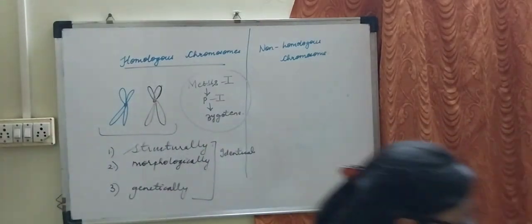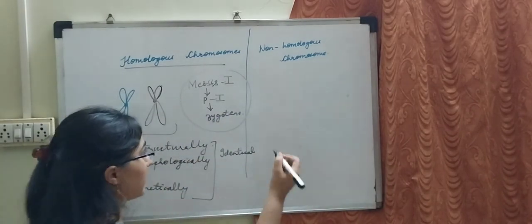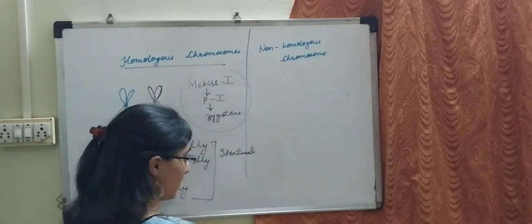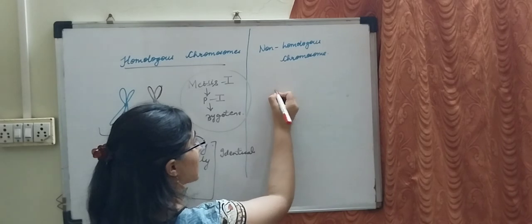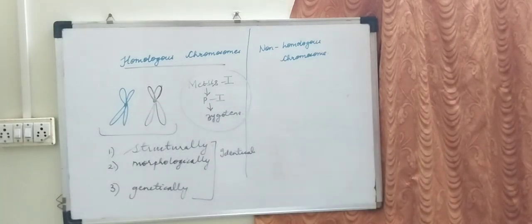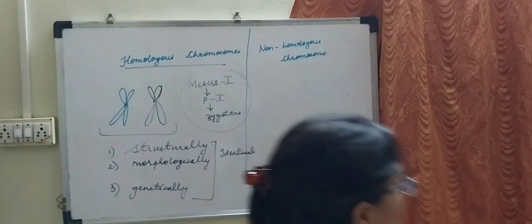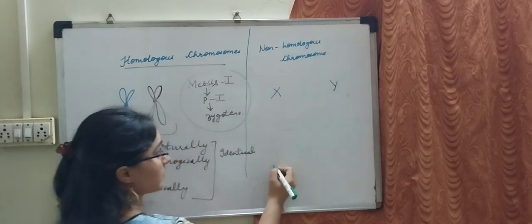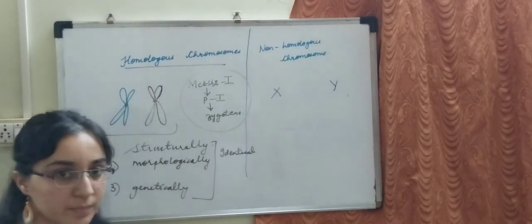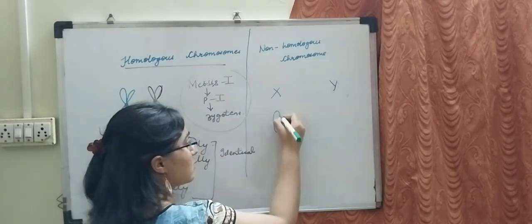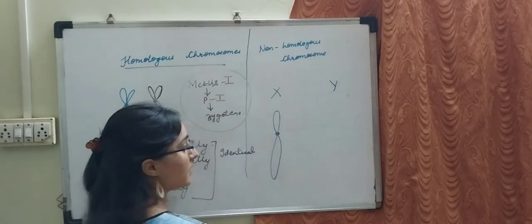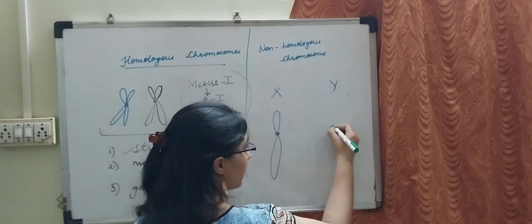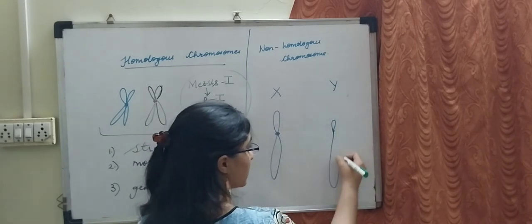But now there are some chromosomes, like if I talk about the X chromosome, X and Y chromosome. So these are sex chromosomes in humans. Okay, so X chromosome is somewhat like this, and Y chromosome, if I say like this.